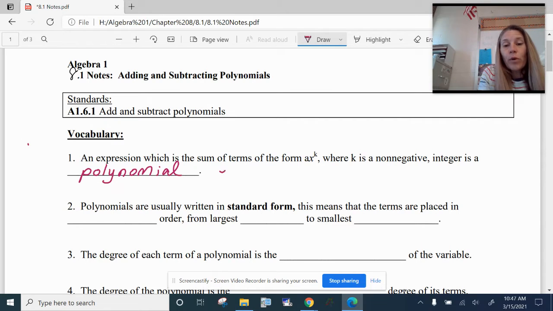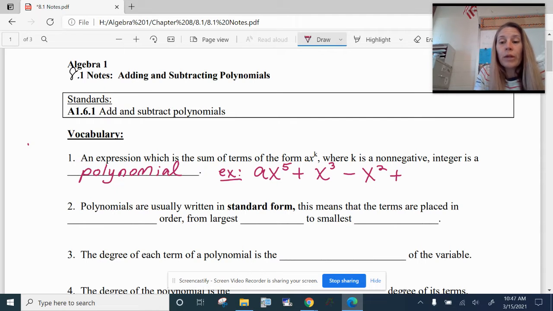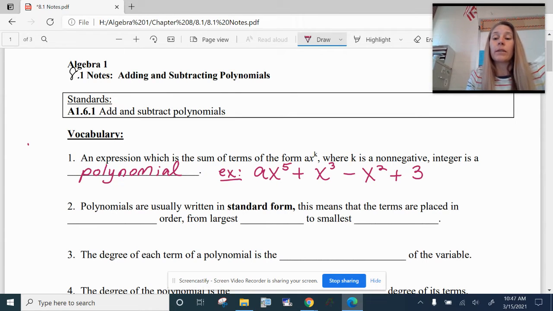So for example, a polynomial might look something like ax to the 5th power plus some x to the 3rd power minus x squared plus 3 or something like that. So it's going to start with some x to some power, and then it's going to continue on adding or subtracting any terms with exponents that are lower than the original one.